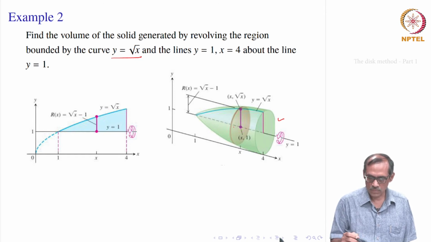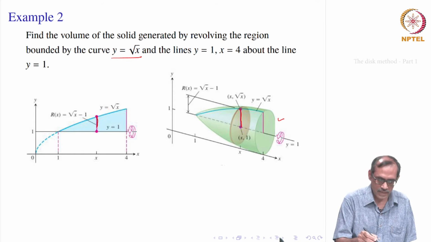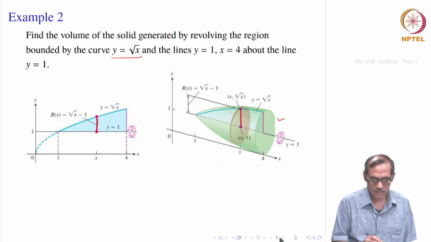First we have to find the area of this disc, and from our formula it is pi times f of x square, but it is not just f of x, because the line is now y equal to 1. So, you have to find its radius really. What is the radius here? It is this line here, which is painted pink.